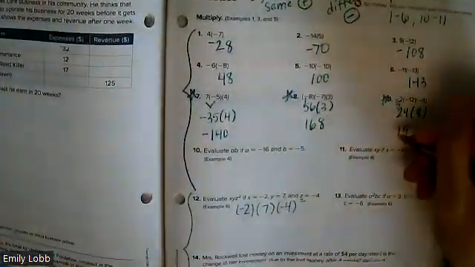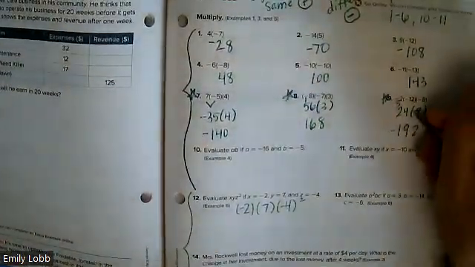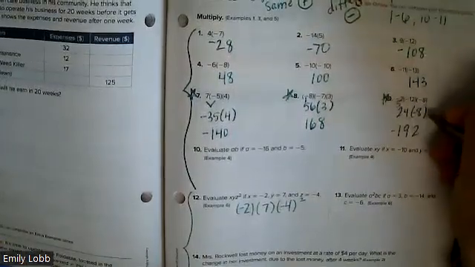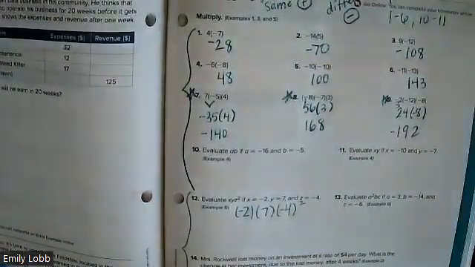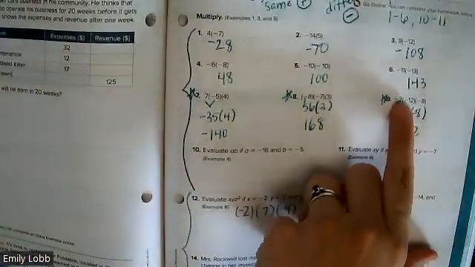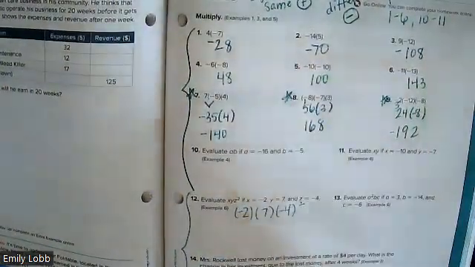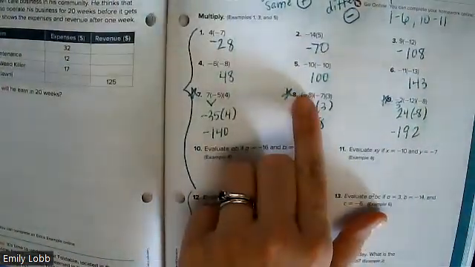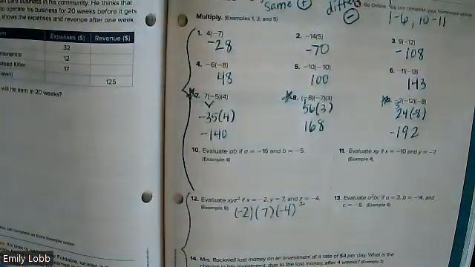Did you say it was negative though? Because this is a -8. So be careful. Remember, we talked about if we have an odd number of negatives, our answer is going to be negative. But if we have an even number, it's going to be positive.